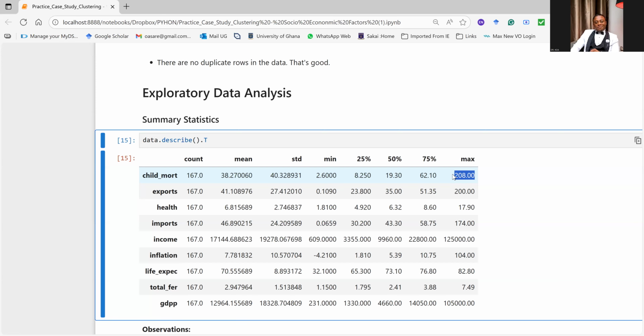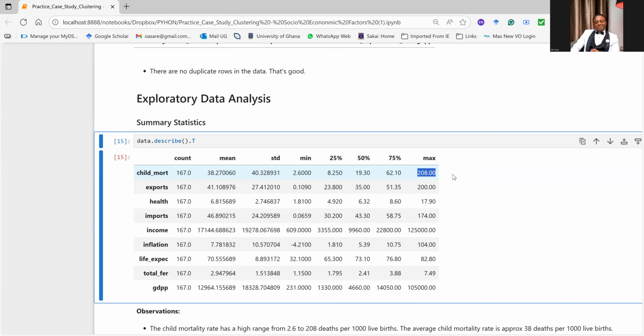The ability to break things down is a real measure of understanding. So it means that in some countries, people are dying very much. In other countries, people are not dying at all, relatively speaking.